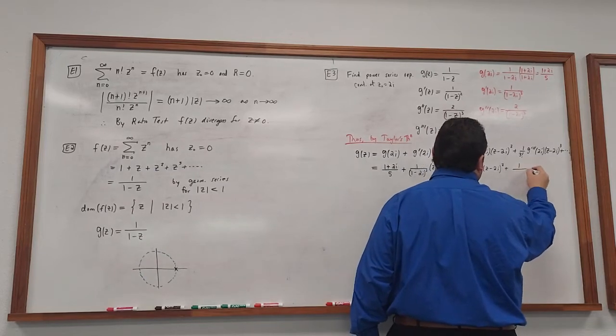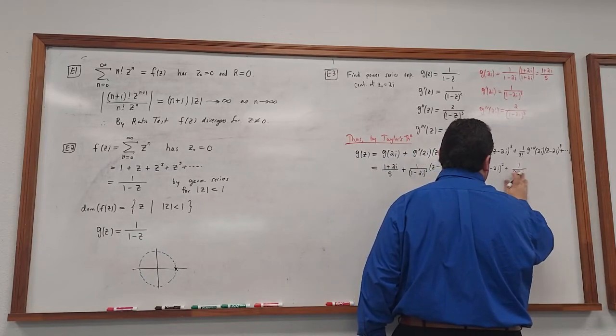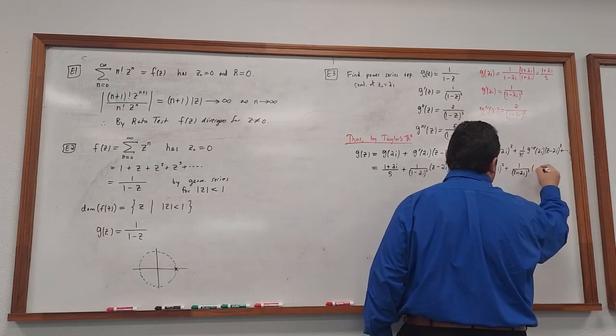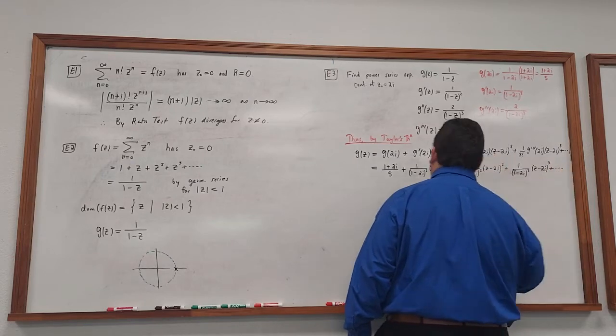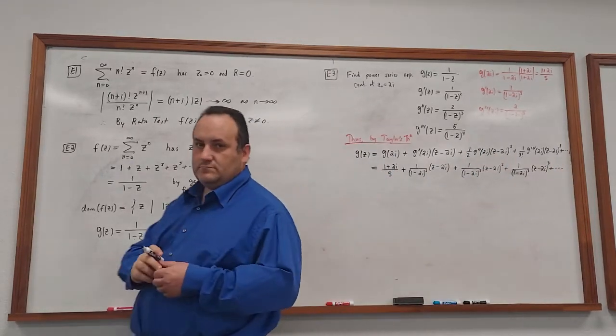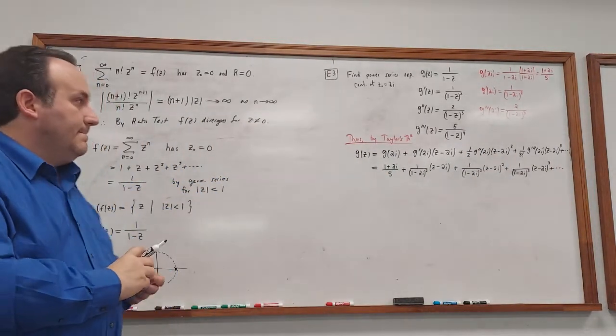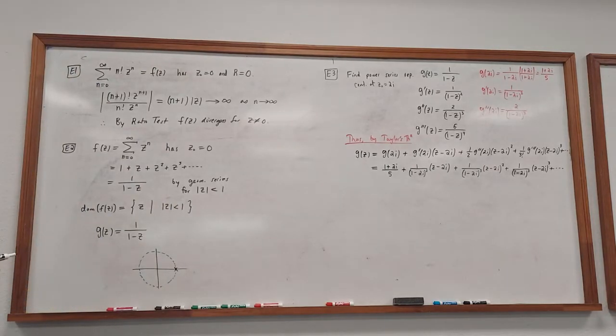And then 1 over (1 minus 2i) to the fourth times (z minus 2i) cubed, and so on. And there you go, that's the Taylor series for g up to cubic order, centered at 2i.